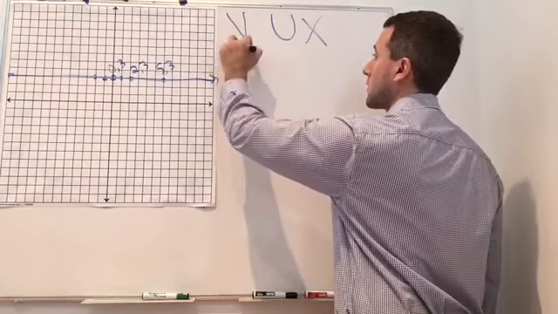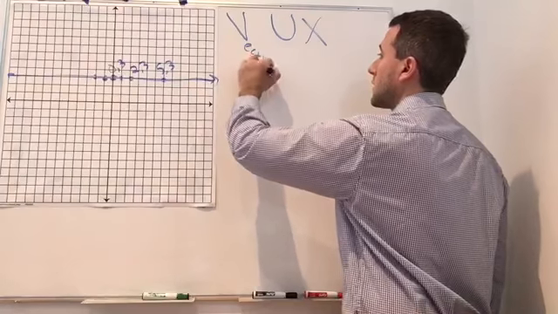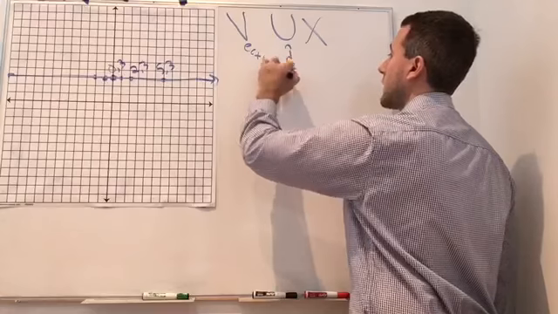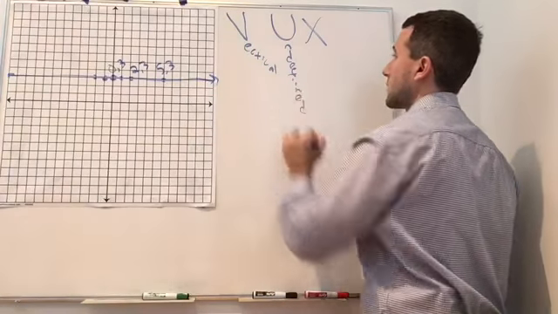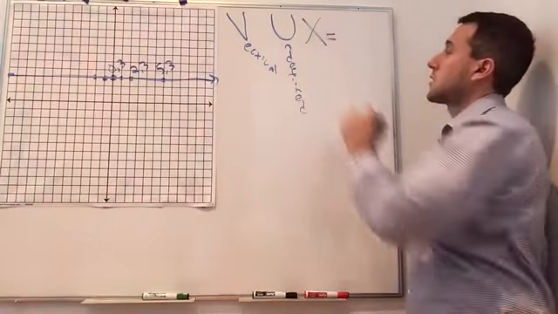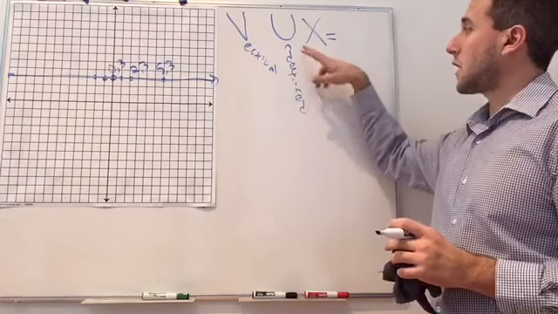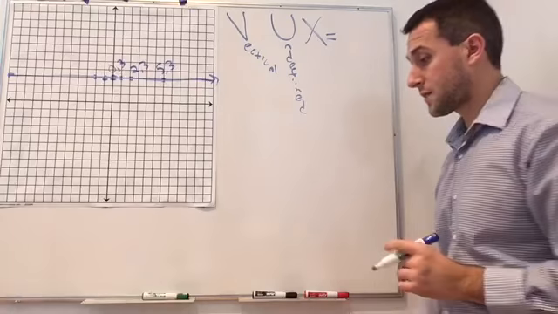The V stands for vertical. The U stands for undefined, which is what the slope would be. And then the X just stands for the x equals, right? The equation of a vertical line looks like x equals, and then the slope is always going to be undefined.